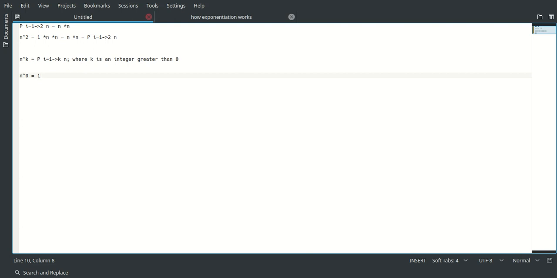In order for exponentiation to be iterated multiplication, and in order for multiplication to be iterated addition, and in order for addition to be iterated incrementation, and for incrementation to be iterated recognition of existence, this has to be true. We have to start here. It's not negotiable. There's no option. It has to be true.